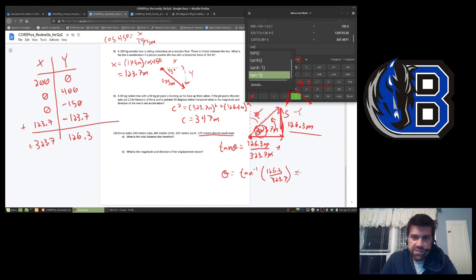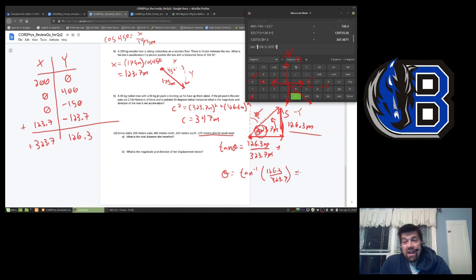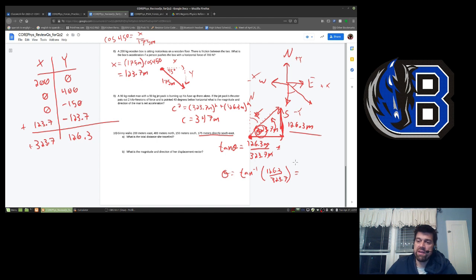And I could have used sine or cosine. I had all three sides. I could have used whatever. I did. The hypotenuse was an extra step of work for me, so it's like one more chance for me to have goofed something up. So 21.3. We'll say 21 degrees north of due east.